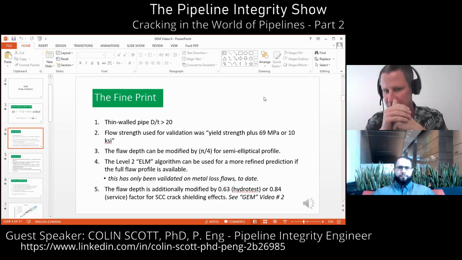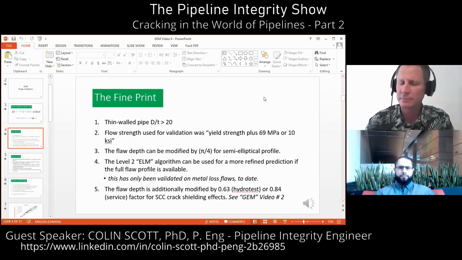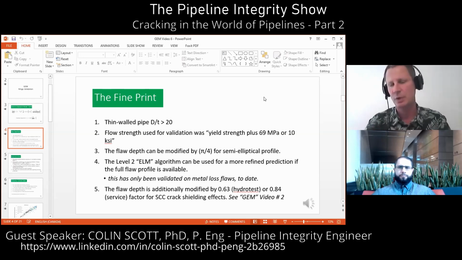I actually found some stress intensity factor solutions where somebody had figured out how much that would be. It's a classic book, Tada, Paris, and Irwin, which is just full of great stuff. But I realized from their work that your stress intensity factor is going to be decreased by somewhere between about 10% to 30%.